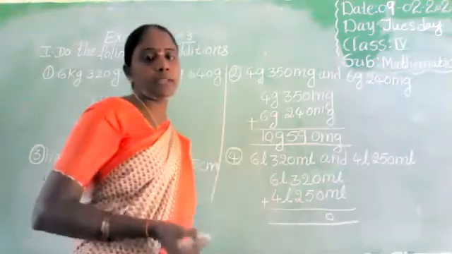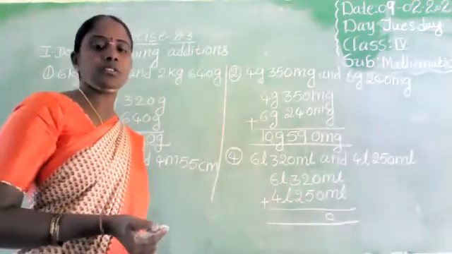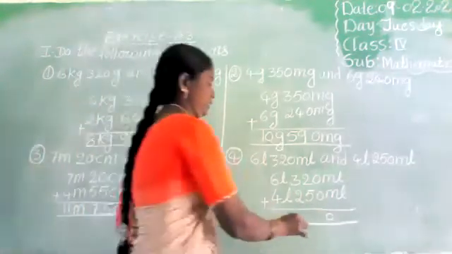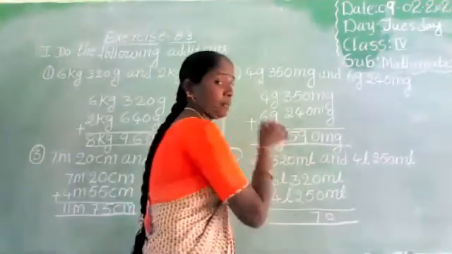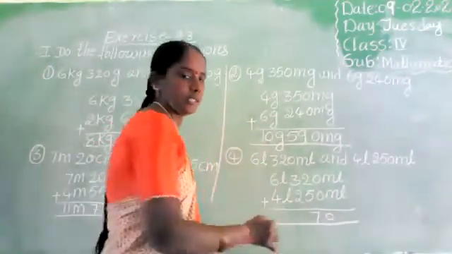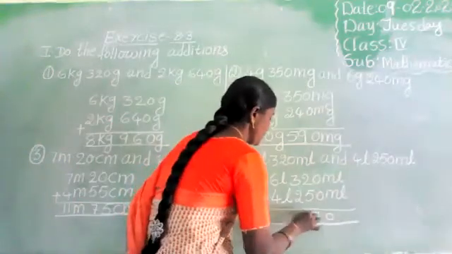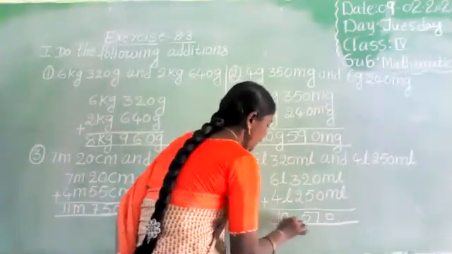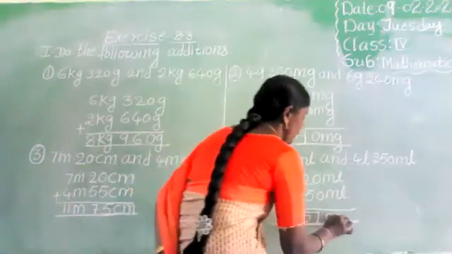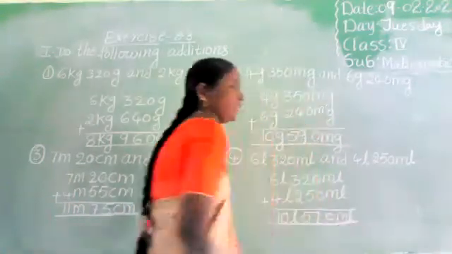Next 2 plus 5 is 7. Next 3 plus 2 is 5. Next 6 plus 4 is 10. 10 liters 570 milliliters. Okay?